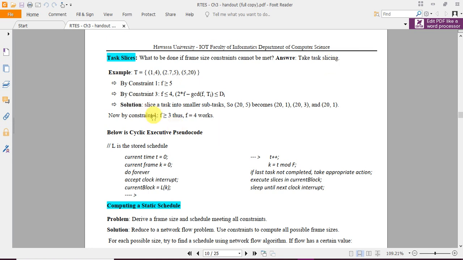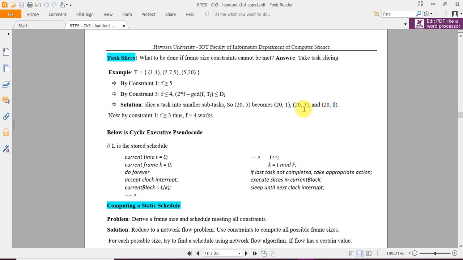What does slicing mean? Slicing means dividing the larger computational time of a given task into two or more different parts that are to be executed within the given period only. Here the largest computational time is of the task (5, 20). So this 5 is divided into parts, as 1 unit, 3 units and 1 unit, each computed within the given 20 units only.